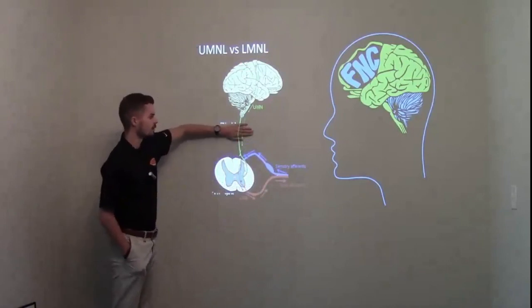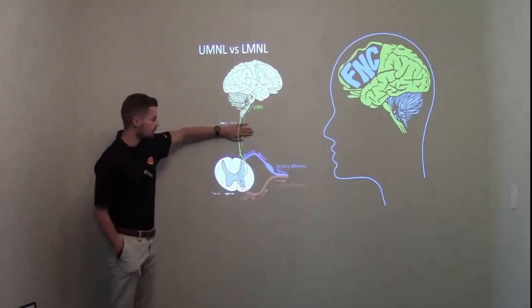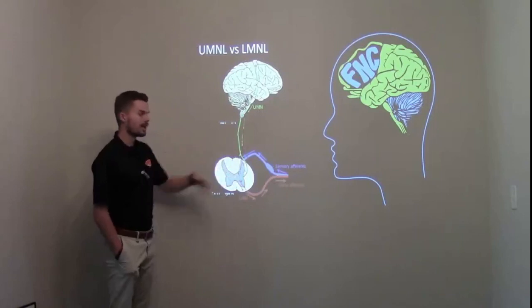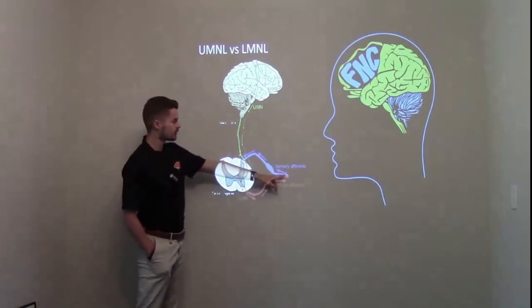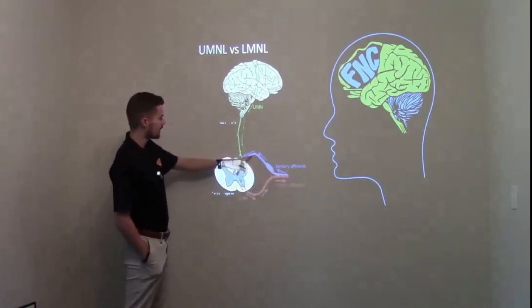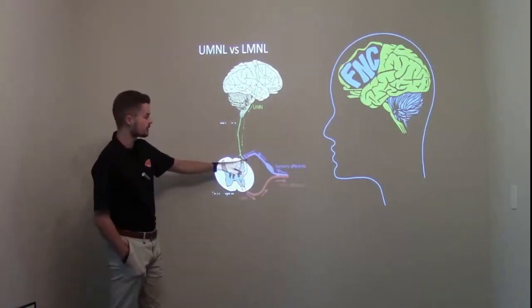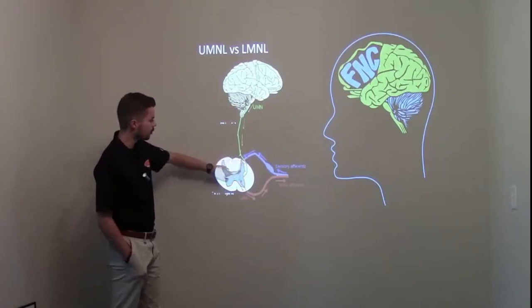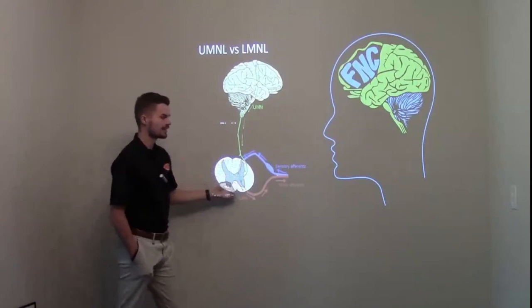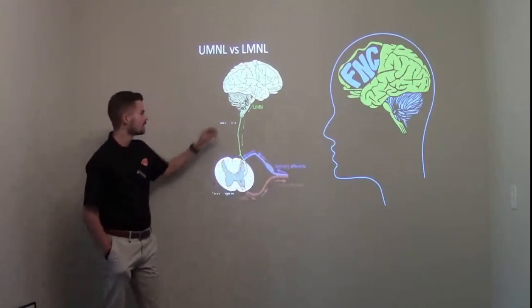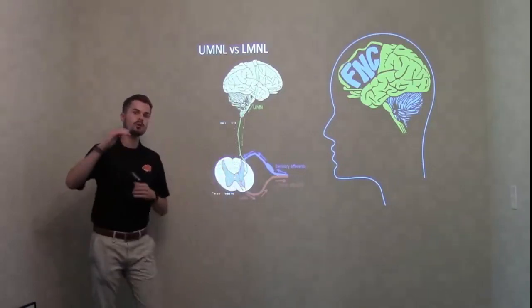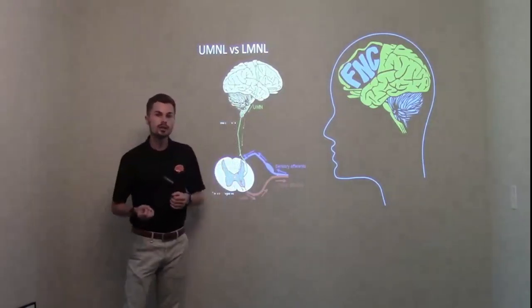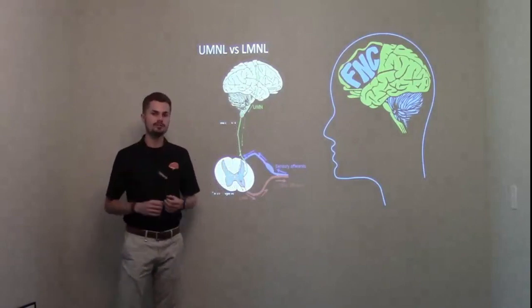I cut this pathway from here. We no longer get inhibition into the lower motor neuron, and now when I tap that tendon, I get that muscle spindle afferentation. Those 1A afferents, those fastest messengers in the nervous system, come into the spinal cord and act on those alpha motor neurons to activate them, and now you get an excessive response because there is no mechanism that was inhibiting those alpha motor neurons. They were already so close to threshold that you get an excessive reflex, you get hyperreflexia, okay?